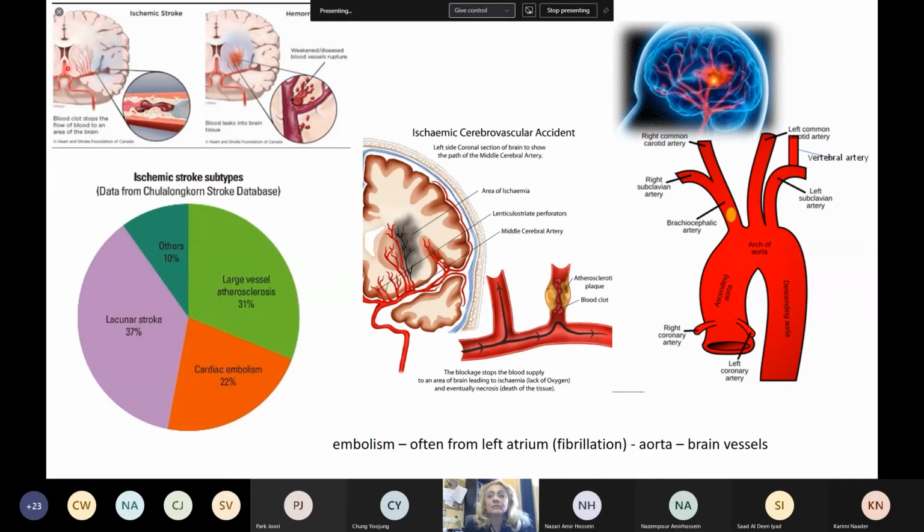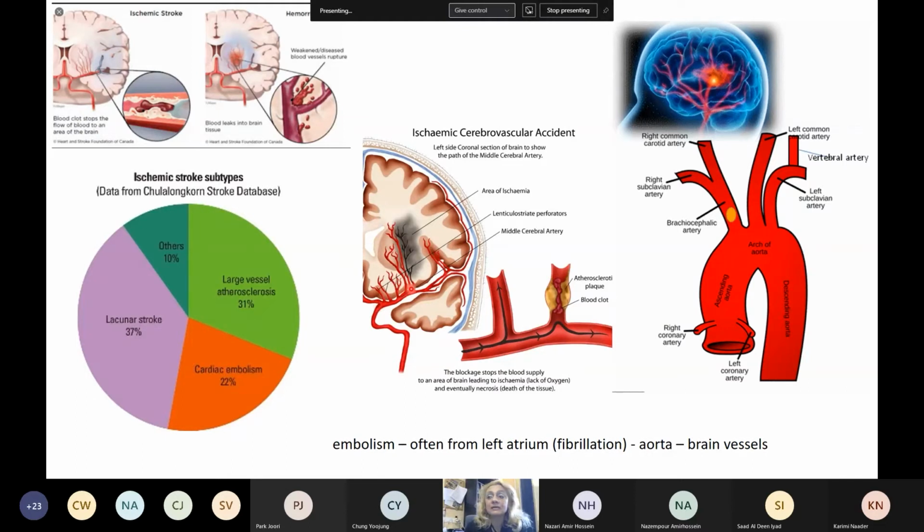And we learned about these small vessels supplying the area of the internal capsule, the putamen, pallidum, thalamus, and caudate nucleus. So this whole area is supplied by the little thalamostriate and lenticulostriate arteries.